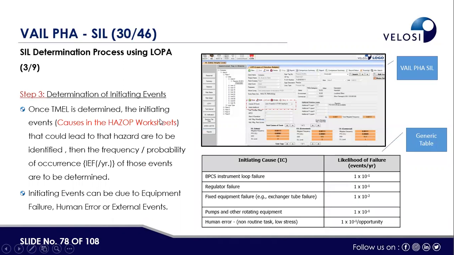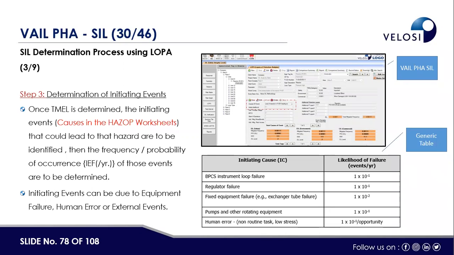Step number 3 is determination of initiating events. An initiating event can be because of human error. It can be because of an external event. It can be because of control loop failure, regulator failure, pump equipment damage, pump failure, or valve malfunction.